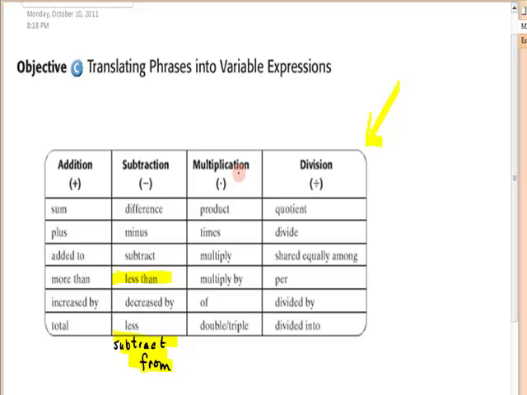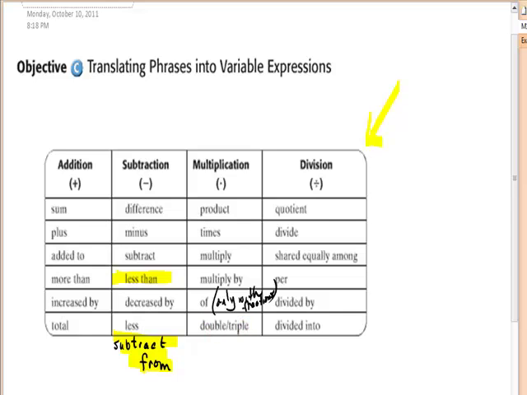Multiplication is indicated by the words product, times, multiply, multiply by. "Of" only indicates multiplication when you're talking about fractions, like half of something means 1/2 times.